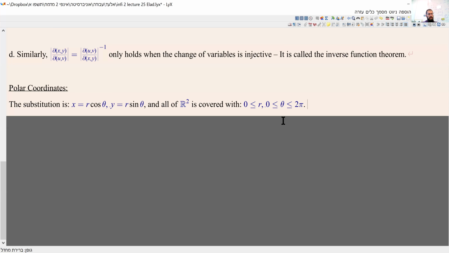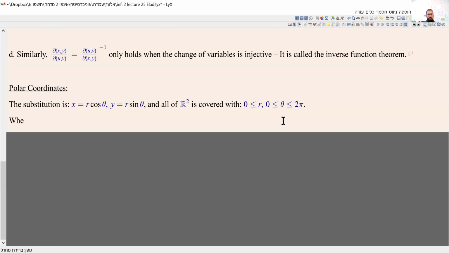Where should we use the polar coordinates, the polar substitution, and what is the price? What is the Jacobian we pay here? So, when should we try to use the polar coordinates? When the domain is part of a disk or a circle, whatever, and it can be all the disk as well.